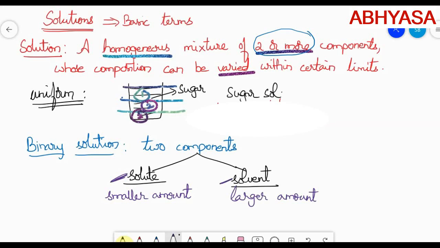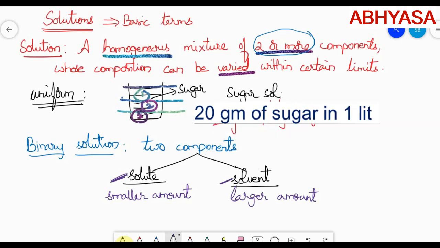Out of the two components, the one present in larger amount is the solvent and the one present in smaller amount is the solute. Now in this particular example where I dissolved 20 grams of sugar in 1 liter water, what is the solute here? The solute is nothing but 20 grams of sugar, and I am dissolving that in 1 liter water. So 1 liter water will become the solvent, isn't it?